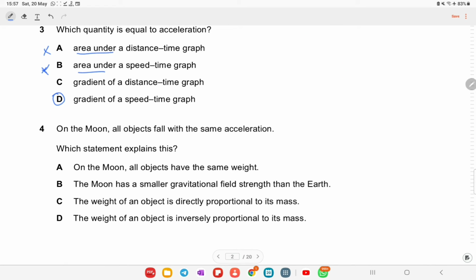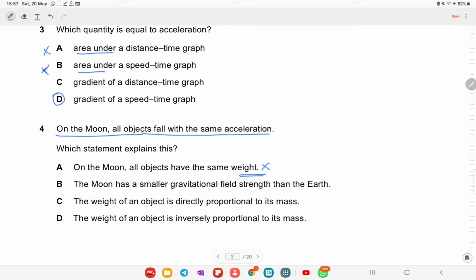On the moon, all the objects fall with the same acceleration. Which statement explains this? On the moon, all objects have the same weight. Now, weights are different. The moon has a smaller gravitational field strength than Earth. Yes, this is a possible thing, but he is not comparing with the Earth, because he is saying on the moon all the objects fall with the same acceleration.